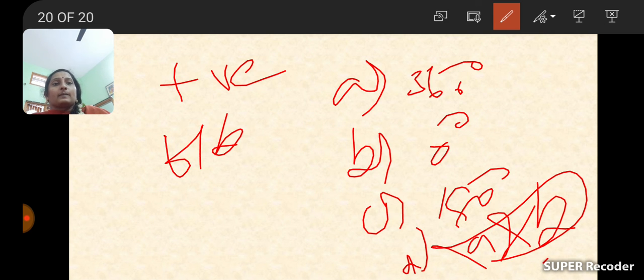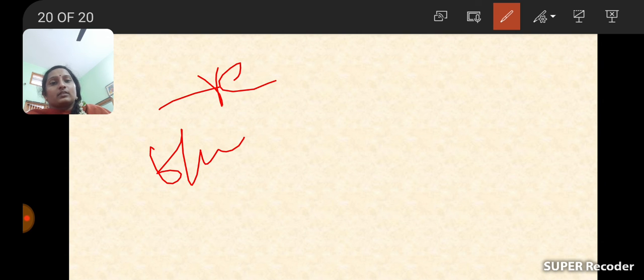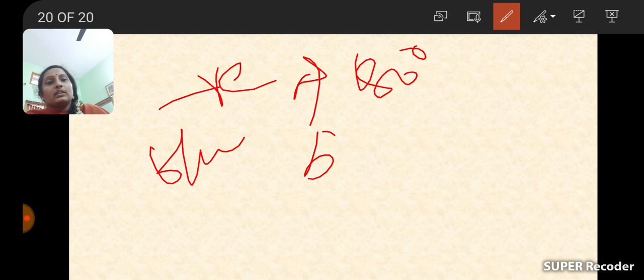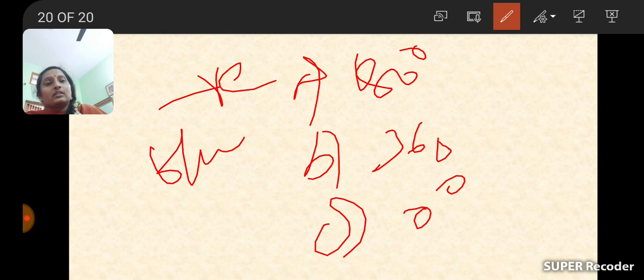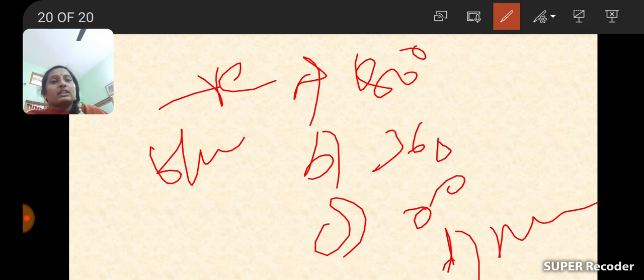A and B. Okay. And the next one, negative feedback network. The phase shift around the circuit is A 180 degrees, B 360 degrees, C 0 degrees, D none of the above. What is our answer?